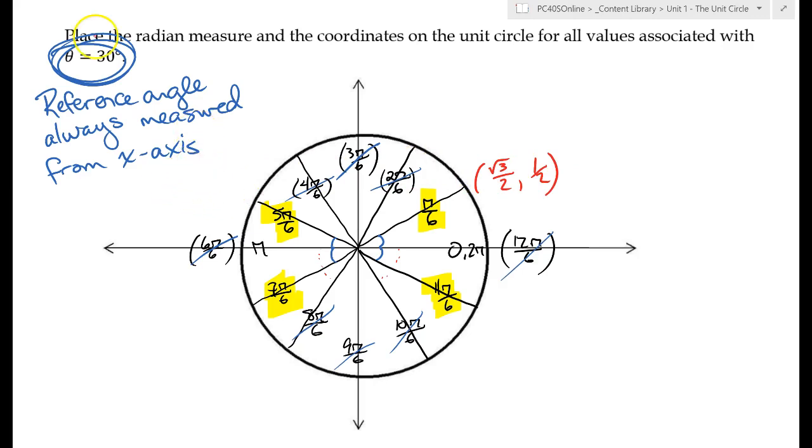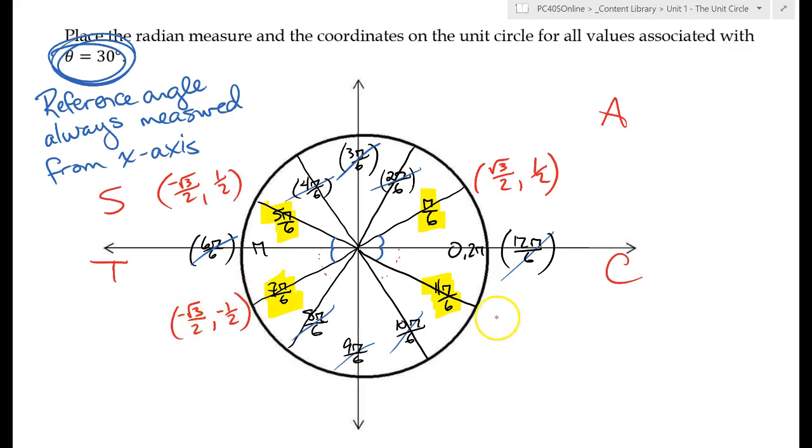Again, using our all students take calculus acronym, here sine should be positive, so negative cosine, positive sine, both are negative down here. And only x is positive here with cosine.